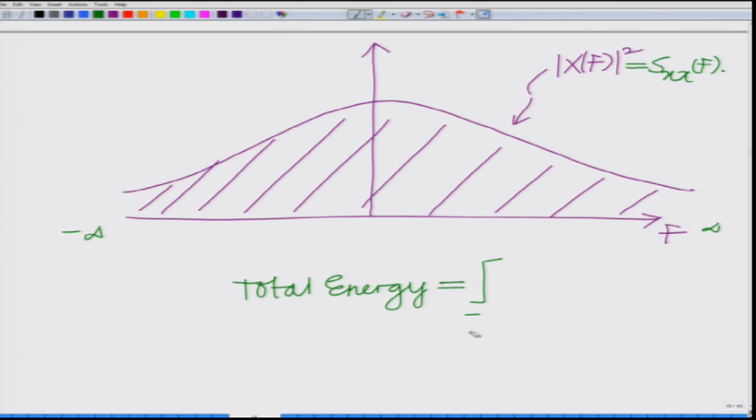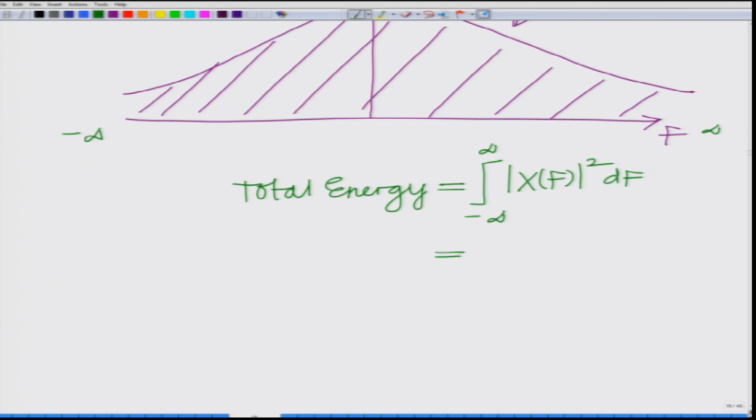So, total energy, the integral from minus infinity to infinity of magnitude X(f) squared df, equals the integral from minus infinity to infinity of Sxx(f) df. This is the total energy of the signal.